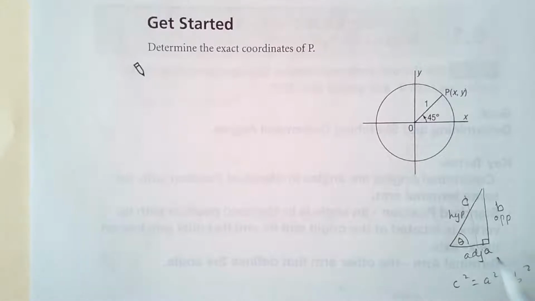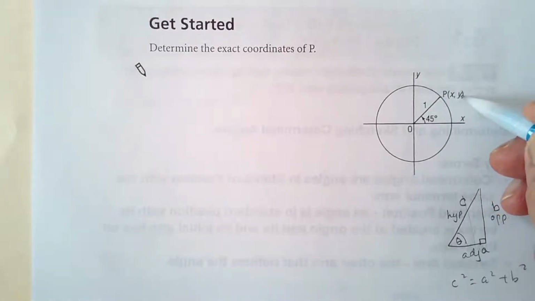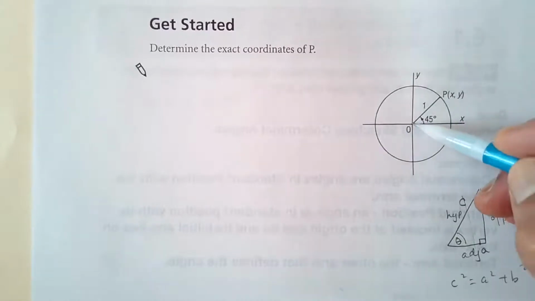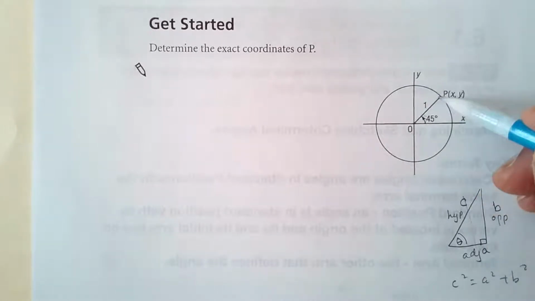So we'll use that concept to find the exact position of this point x, y. Now this is a circle with a center at the origin and an angle of 45 degrees with a radius of 1.